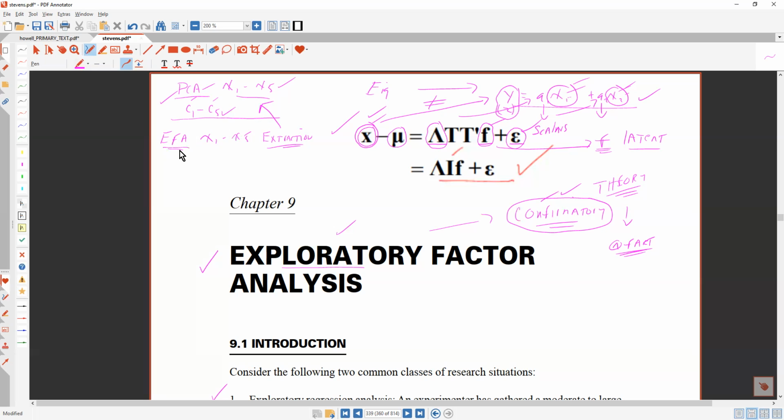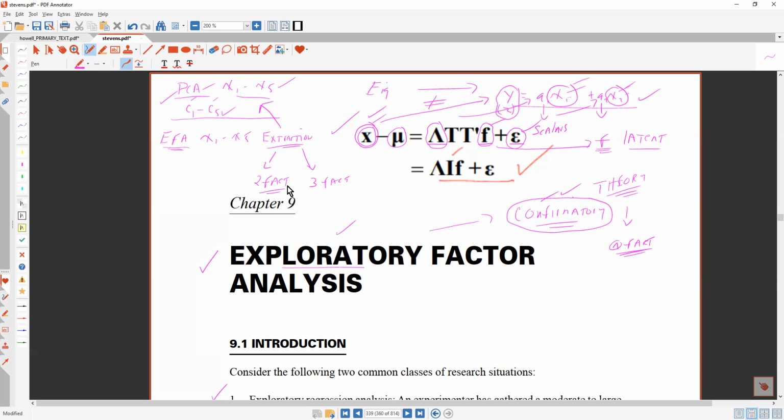That is not how EFA works, okay? EFA, if I take my observed variables and I extract 2 factors, that's an entirely different idea and computation than if I extract 3 factors or 4 or 1.